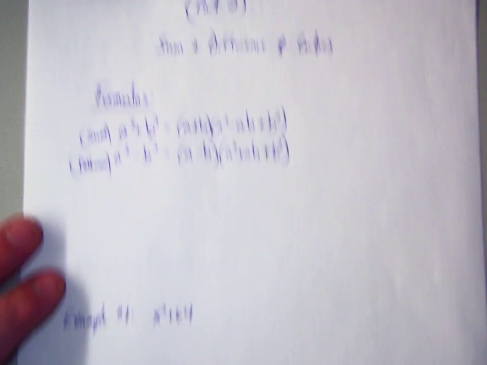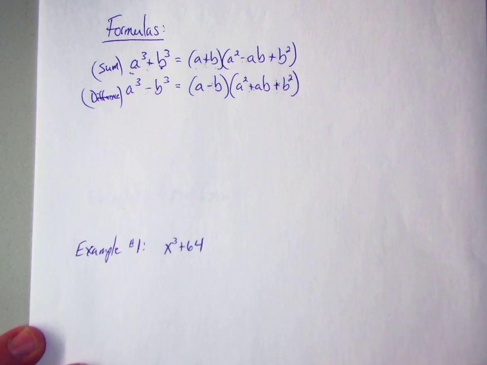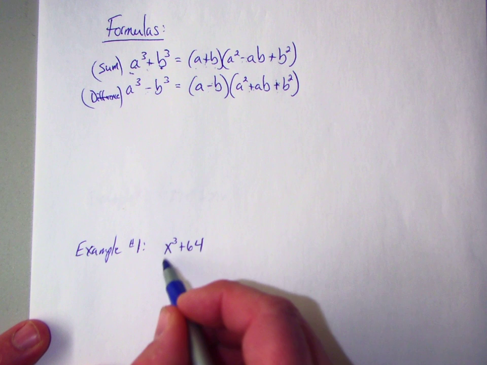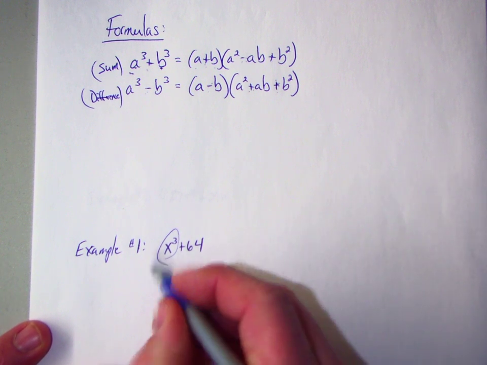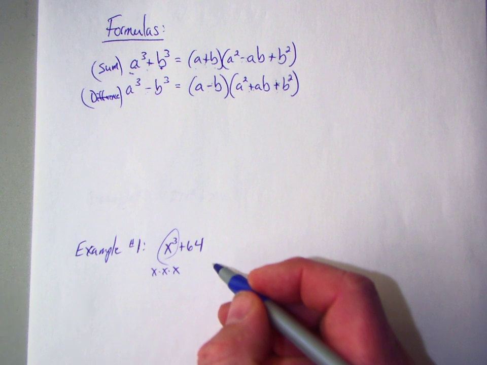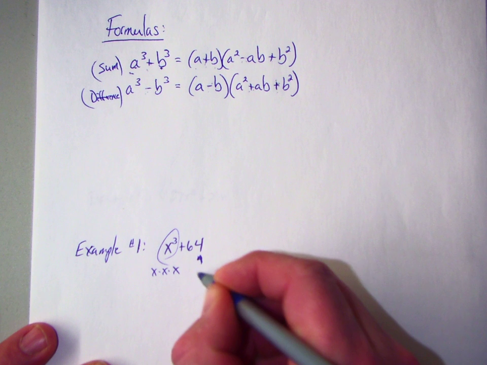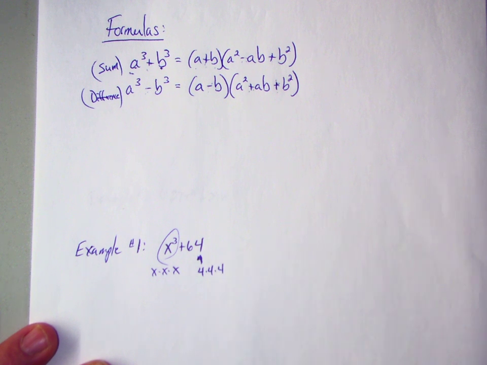All right, example number 1. We've got x cubed plus 64. Well, this right here is a perfect cube because that's x times x times x. Now 64, that's a perfect cube because that's 4 times 4 times 4.